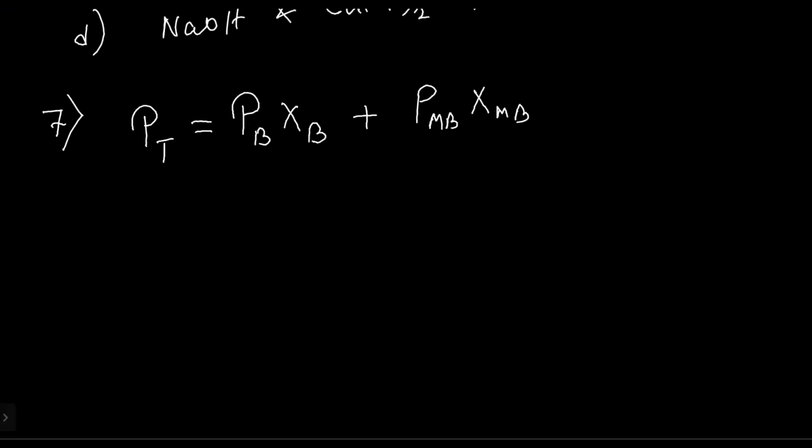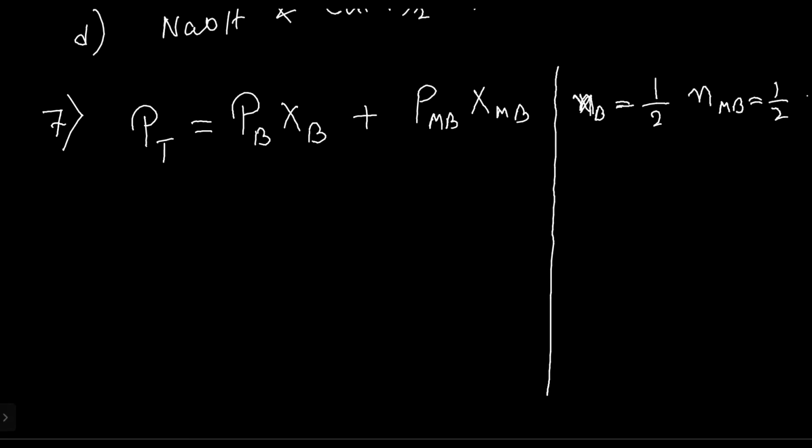Now here what we have to find out first, since it is given that the mixture is equimolecular, that means if I take the mole fraction of benzene, I mean the number of moles of benzene, as half, then the number of moles of methyl benzene will also be equal to half. Okay.